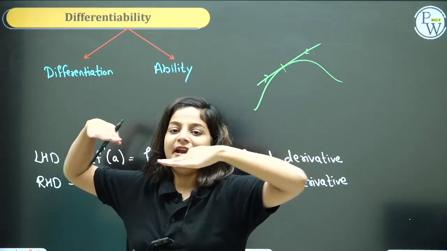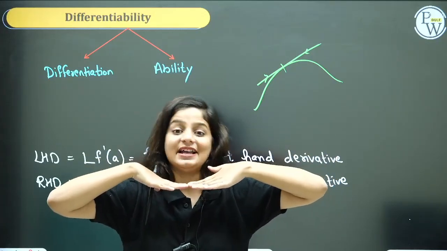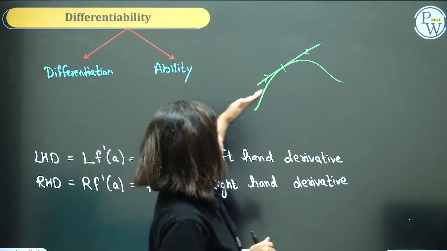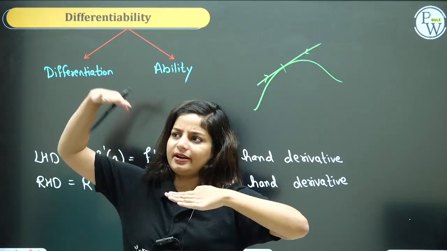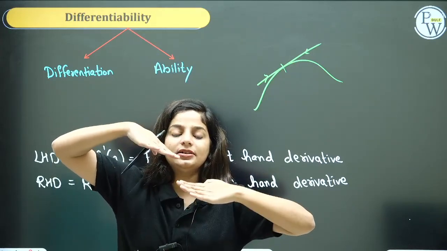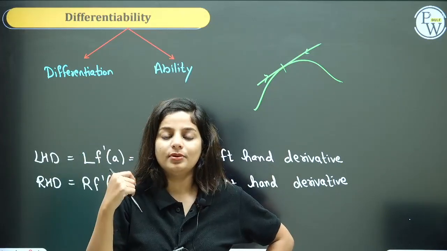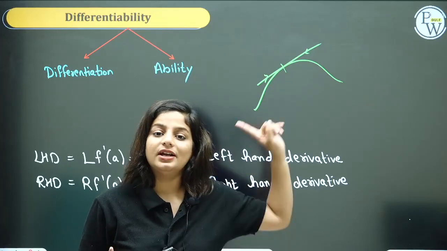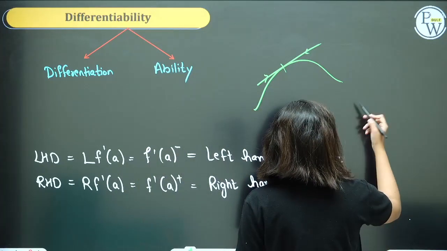If the left hand and right hand derivatives match, you get a nice tangent, and that means it's differentiable. But if the left hand tangent and right hand tangent don't meet, you cannot draw a tangent. How will you find the slope? If a tangent cannot be drawn, slope cannot be found. It's not differentiable.